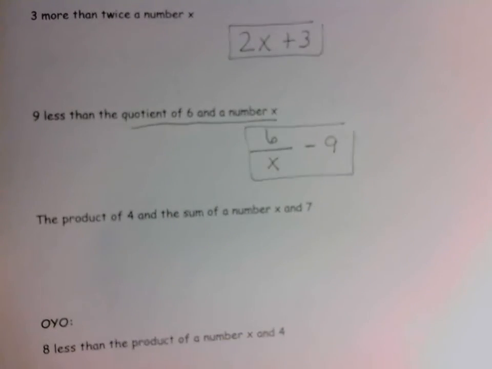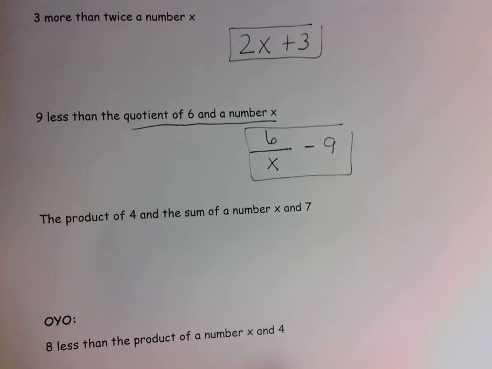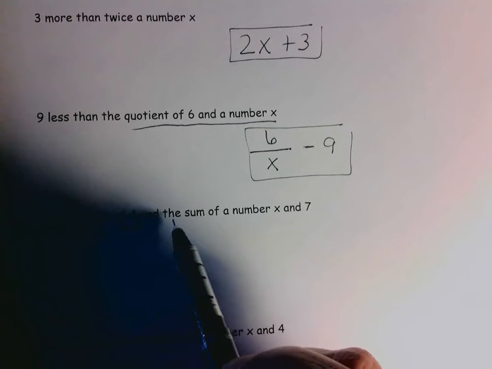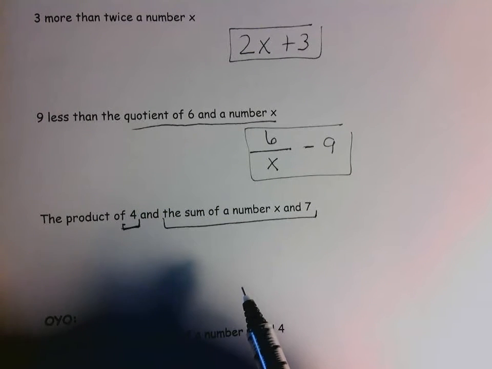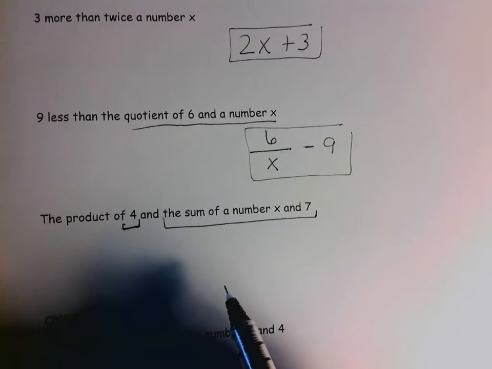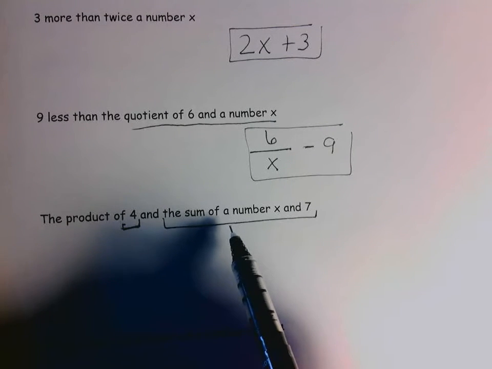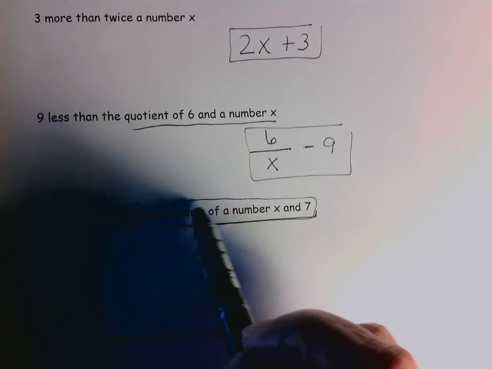And finally, the product, which means multiplication, of 4 and the sum of a number x and 7. Okay, I have the product of 4 and the sum of a number x and 7. So that means I'm multiplying 4 by the sum of a number x and 7. The product of this and this.